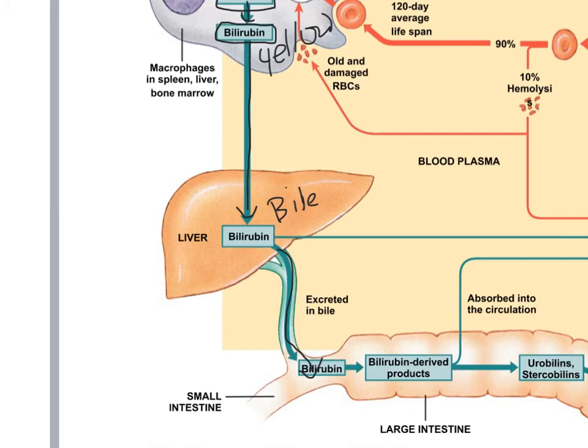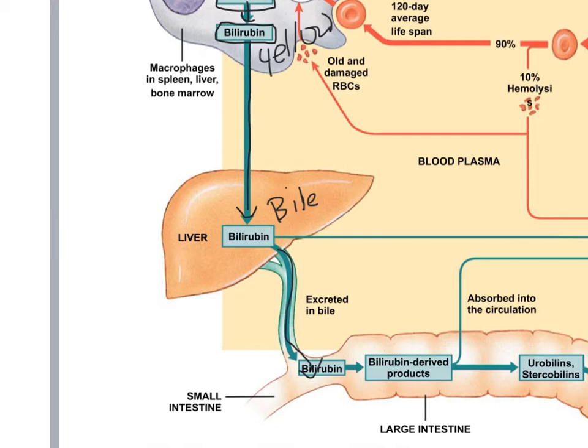So when the liver's not doing its job and you're not excreting the bilirubin in the bile, it's going to get stored somewhere else, like in epithelial cells, in the cells of the cornea, and then you get this jaundice. In any type of liver disease, whether it's cirrhosis of the liver, fatty liver, hepatitis, anything that affects the liver, if the liver can't function properly, it's not going to be able to excrete that bilirubin. So it's going to end up going somewhere. It's going to stay in the blood and then eventually get stored in the skin cells and the cornea.